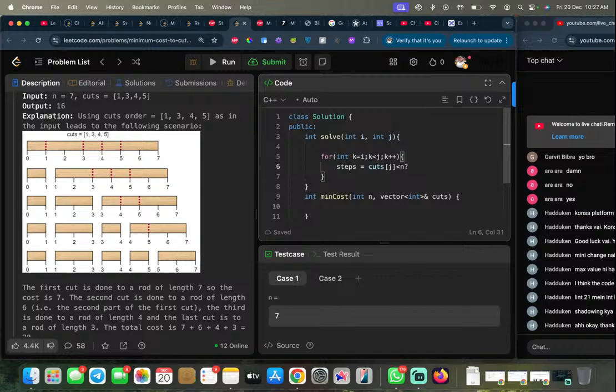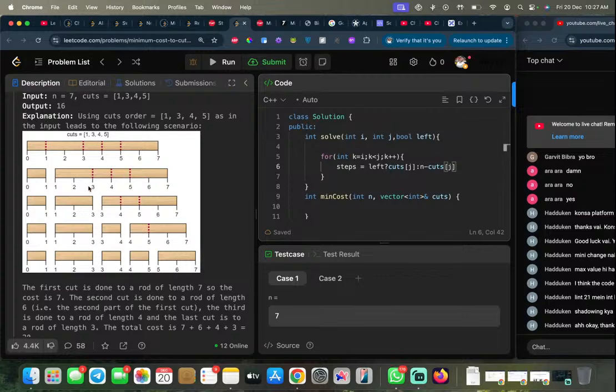Left or right do I make? Left, left, then at that point cuts of j, or if it's not, then n minus cuts of j.